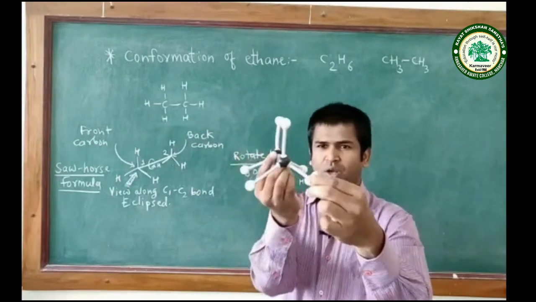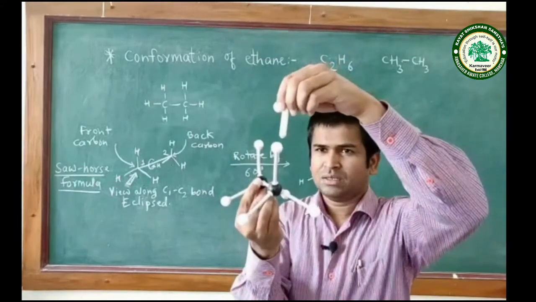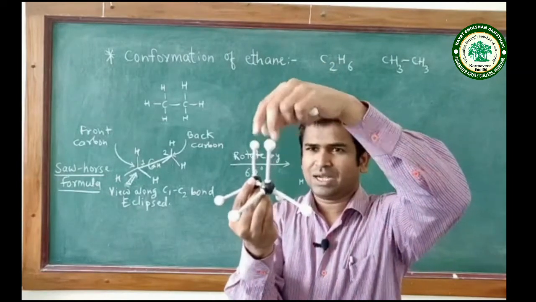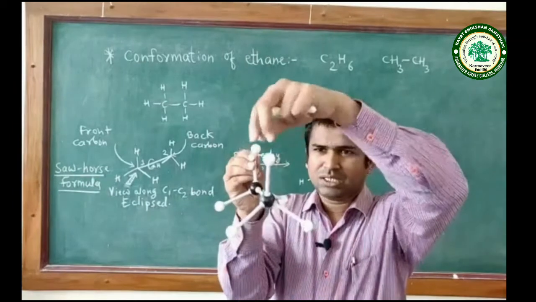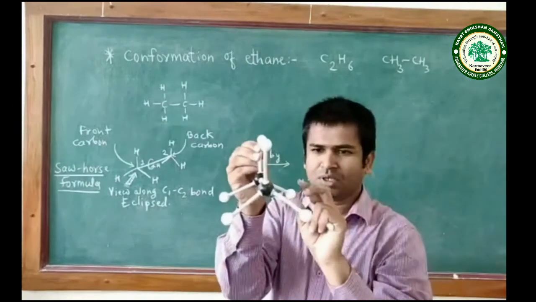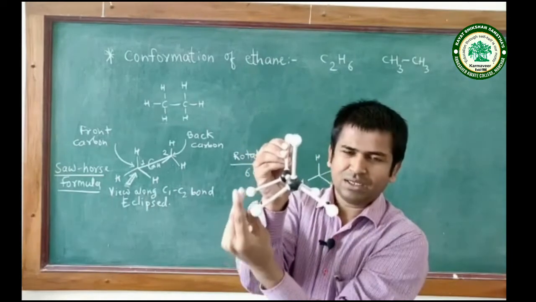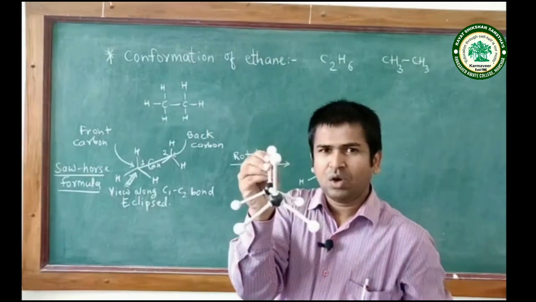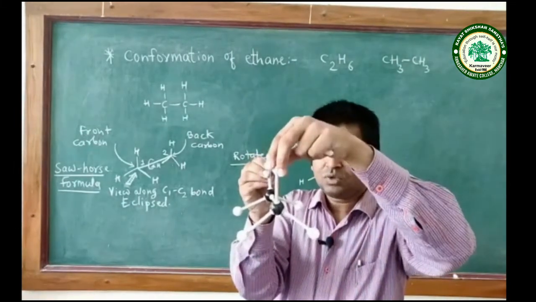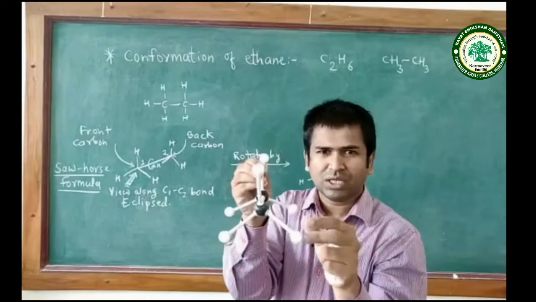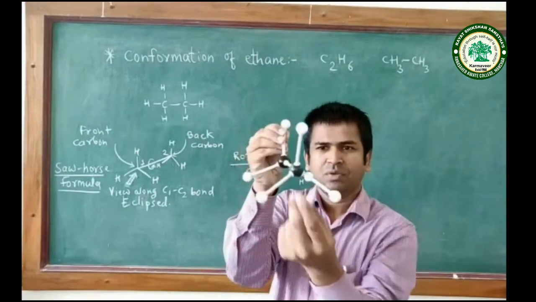You can observe that this hydrogen is exactly behind this hydrogen. This hydrogen is exactly behind this hydrogen, and this hydrogen is exactly behind this hydrogen. In other words, we can say these hydrogens are eclipsed to each other, these hydrogens are eclipsed to each other, and these hydrogens are eclipsed to each other.